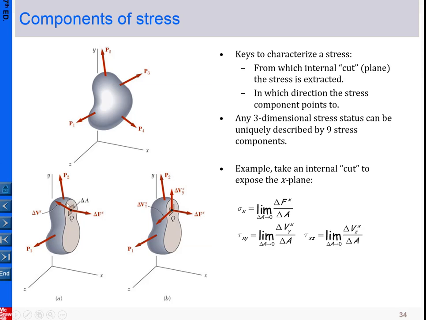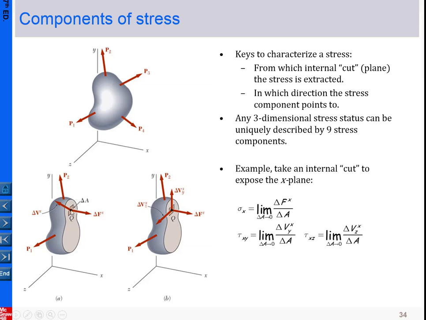For example, we take the free body diagram, and in this particular free body diagram, we cut it in a way to expose a section. That section has the normal in the x direction. If you like, you can pick any internal cross-sectional cut that has the normal in the y or z direction, up to you.